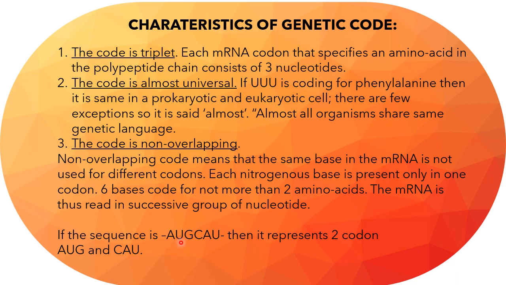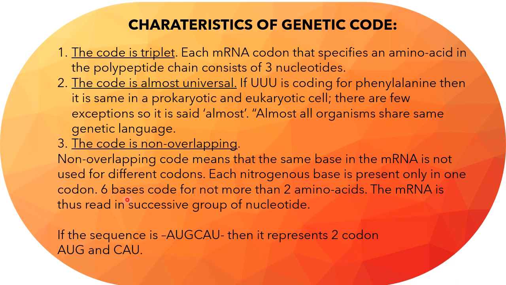Each nitrogenous base is present only in one codon. So this A will be used in this particular codon only. You cannot use it to generate another codon by overlapping.